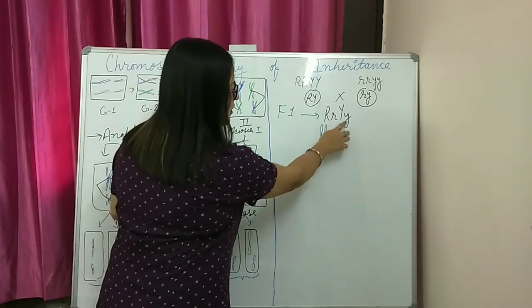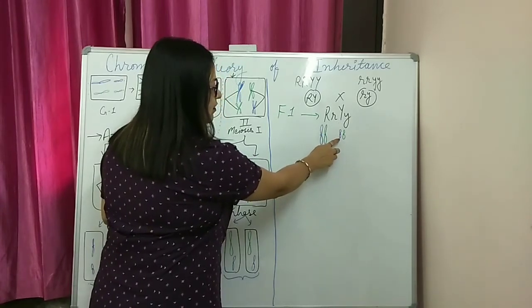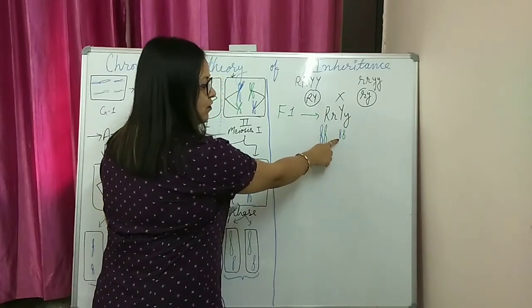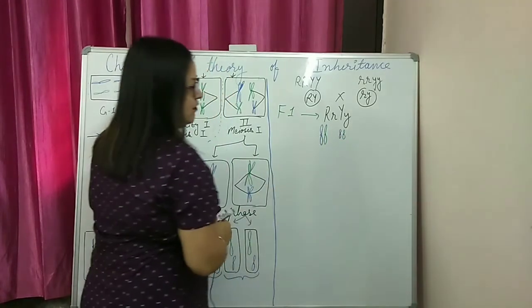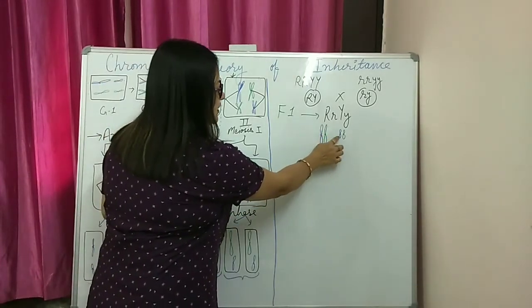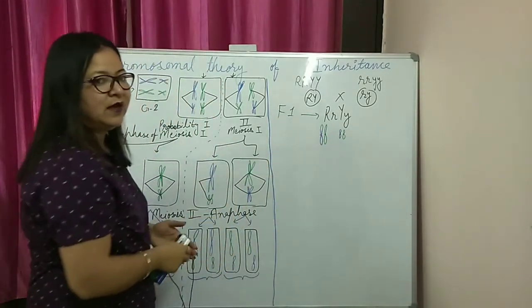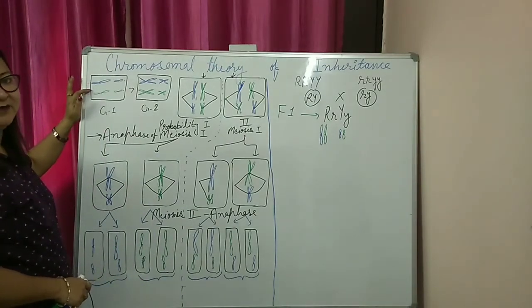Same for Y: to represent capital Y I use a smaller blue one, and for small y a smaller green one. So these are the factors present on these homologous chromosomes. Again come to this diagram, this is the hybrid condition.